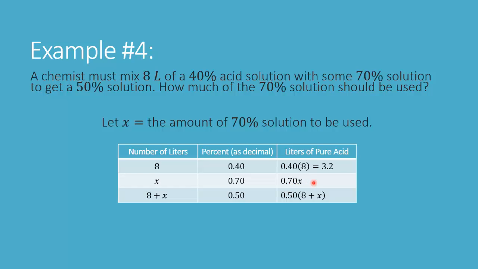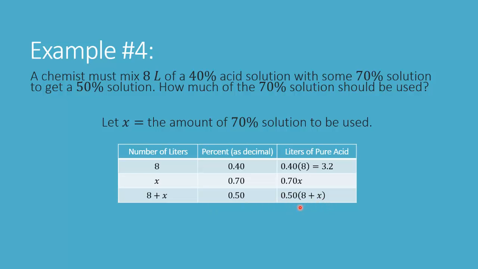Now, after we mix it all together, there'll be 8 plus x liters, because we started off with 8 and added x liters. This solution is at 50%, so the amount of acid in this final mix is 0.5 times the total number of liters, 8 plus x.